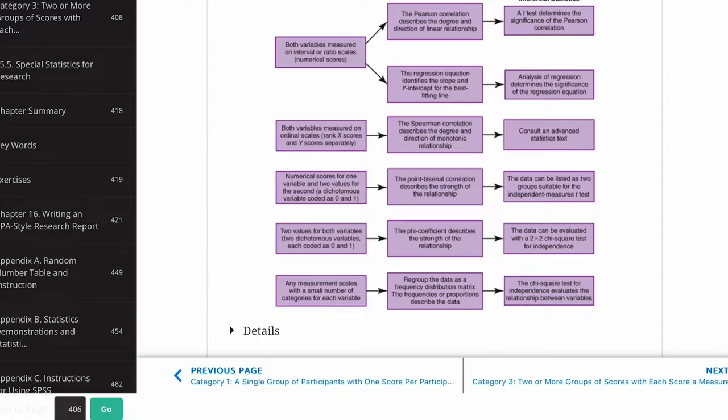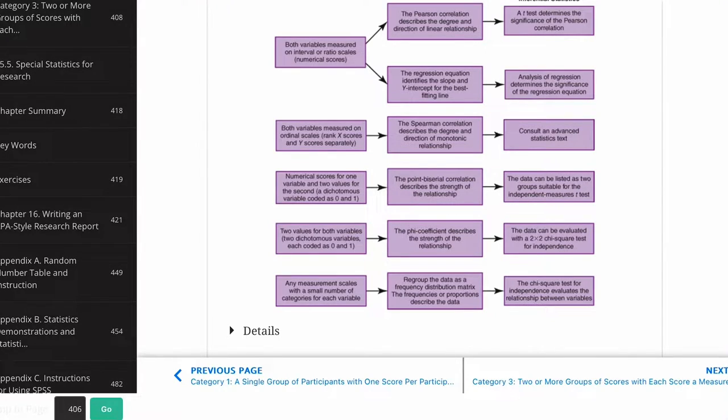If numerical scores for one variable and the other is a nominal variable, coded as 0 or 1, like yes or no, or digital or analog, like we saw in that data set above, then you can use a point-biserial correlation. If both variables are nominal and coded as 0 or 1, then you use the phi coefficient to describe the strength of the relationship.